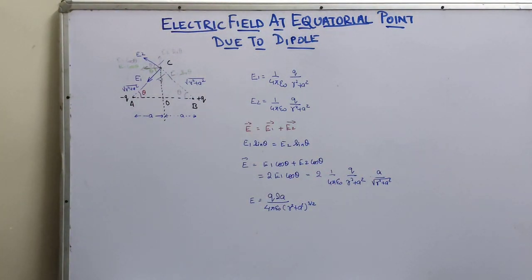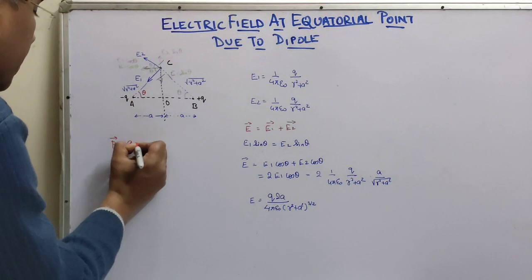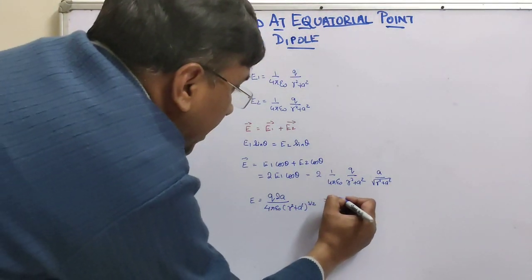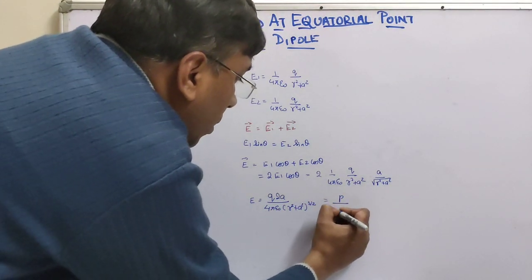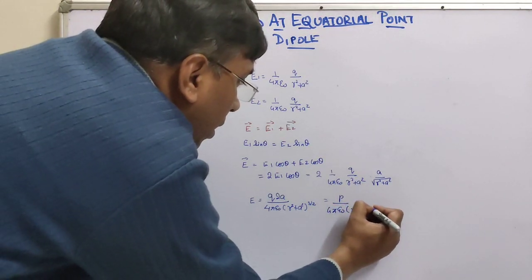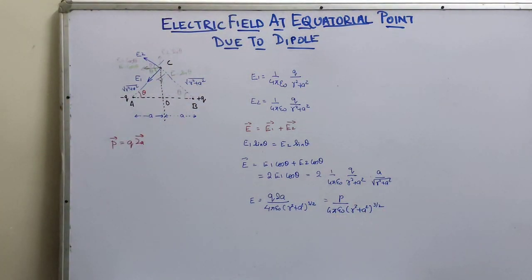Now Q2A, if you remember, is the value of the dipole moment. Q2A is the dipole moment. So the same expression for E can be written as P upon 4 pi epsilon naught into R square plus A square to the power 3 by 2.